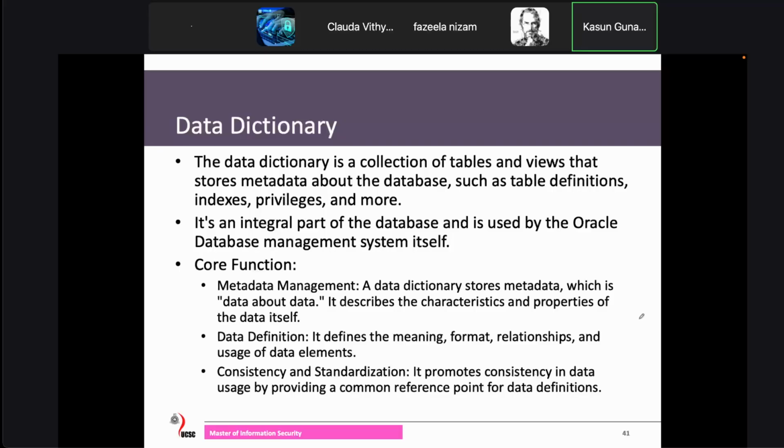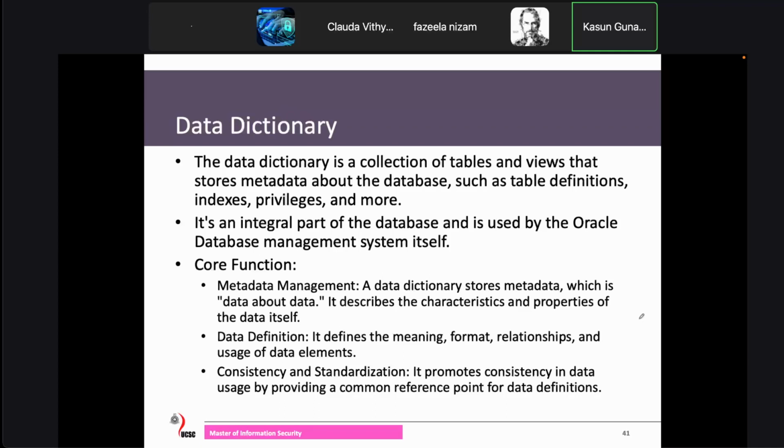Then another key component in a database is the data dictionary. The data dictionary is a collection of tables and views that stores metadata about the database. So we store data, right? Information systems need to store data.